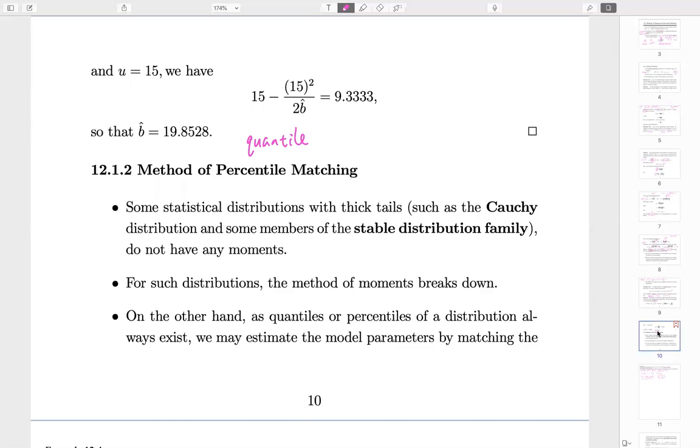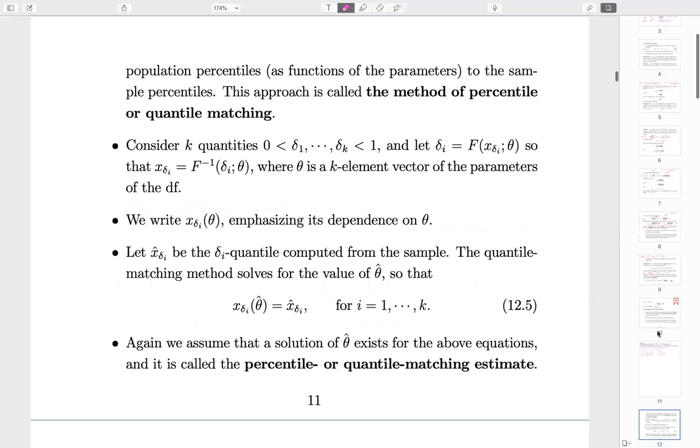The ideas are essentially the same as the moment matching. Now we are trying to match the quantiles. So we calculate the theoretical quantile, and then we calculate the empirical quantile. One thing I still want to mention is that when you estimate the empirical quantile, you divide by n+1. Okay, this is different from the moment estimation, where everything is 1/n.